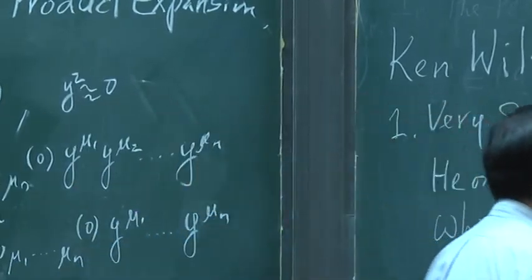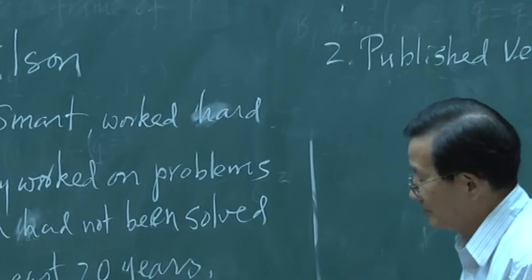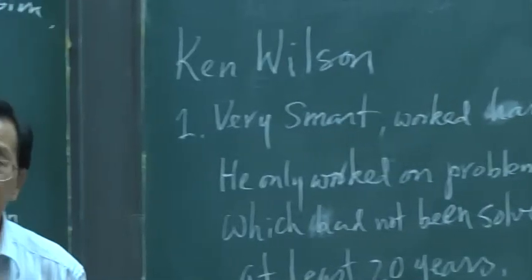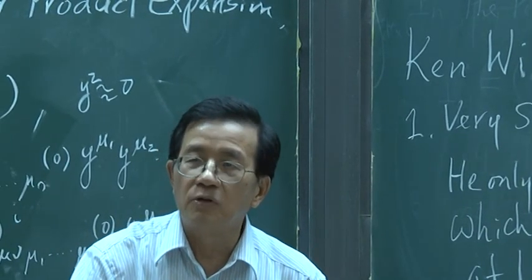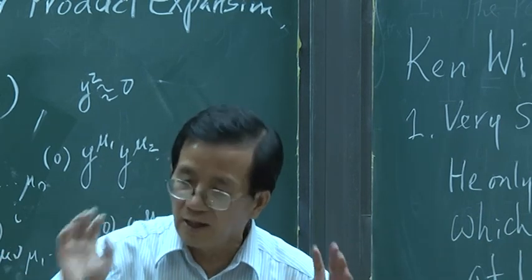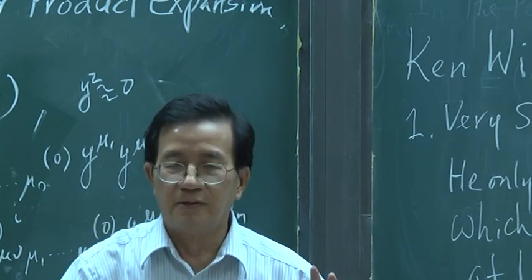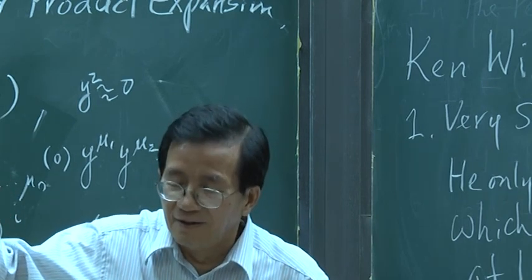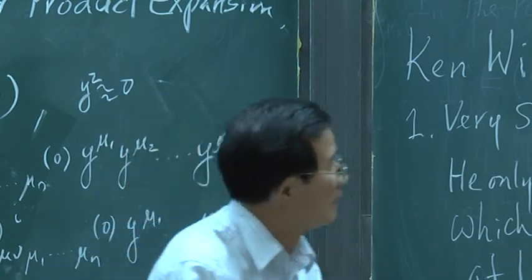That would be even better, right? On the other hand, his name appears in many footnotes or acknowledgements, because many important people, Gell-Mann and those people, always talked to him, and they always thank him for a particular discussion or his suggestion. So his name appears in many other people's papers' footnotes or acknowledgements, but he did not publish very many papers. Okay?